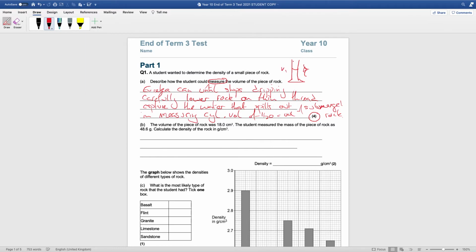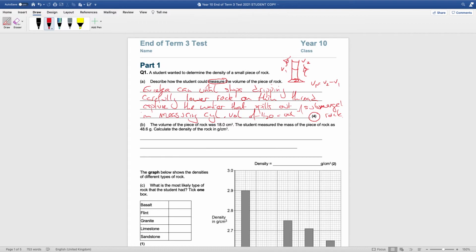You stick the rock in, and you get your eye level with the meniscus, and you read off your second volume, and the volume of the rock is the second volume less the first. So that's also a perfectly valid method. You don't have to use the Eureka can at all. You can just have a measuring cylinder into which the rock will fit and do this.